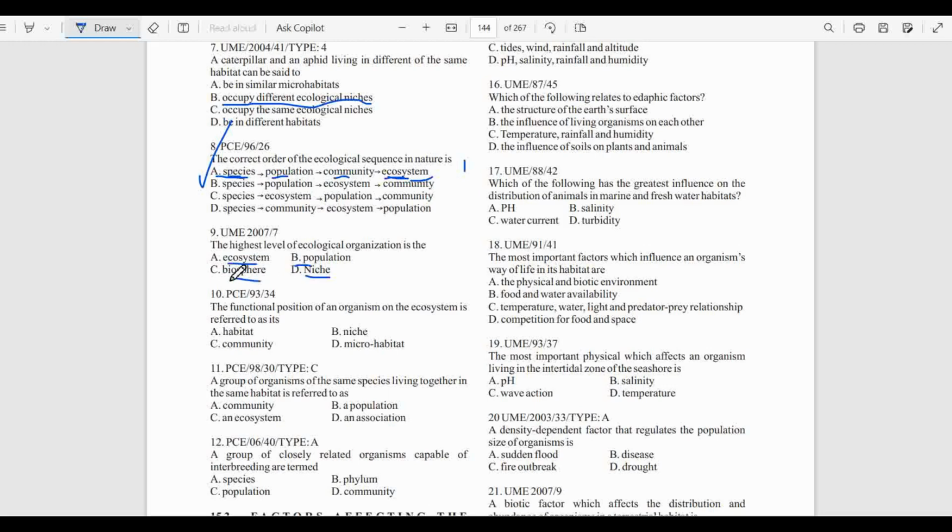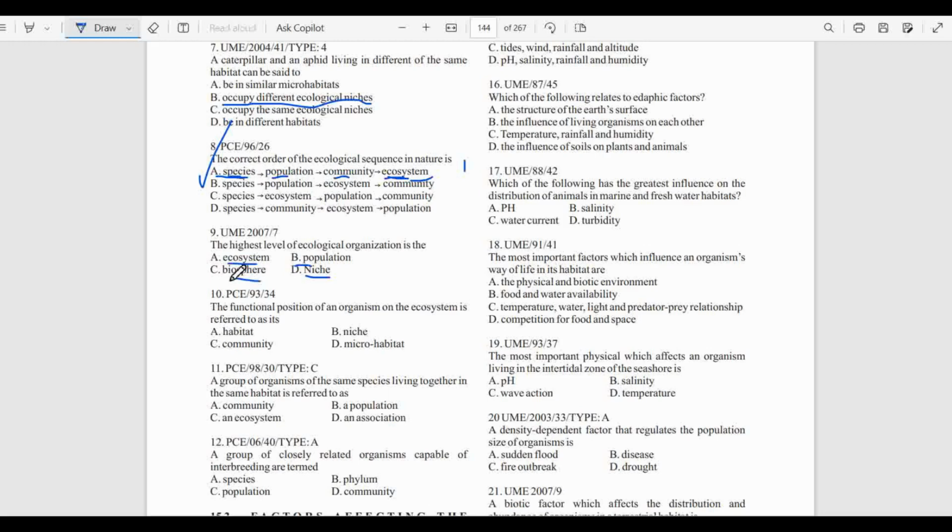Remember that the biosphere is that part of the earth and its atmosphere in which living organisms exist and is capable of supporting life. So that part of the earth that is capable of supporting life is the biosphere, and it's very vast.